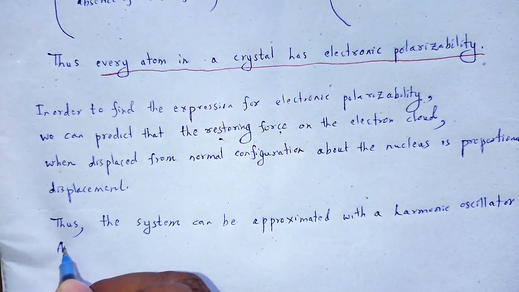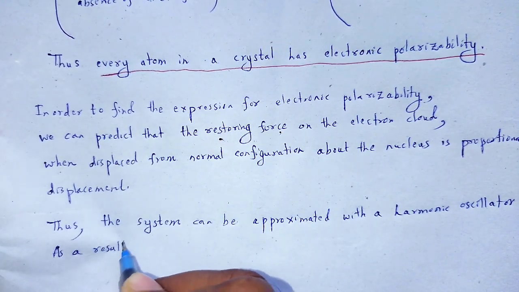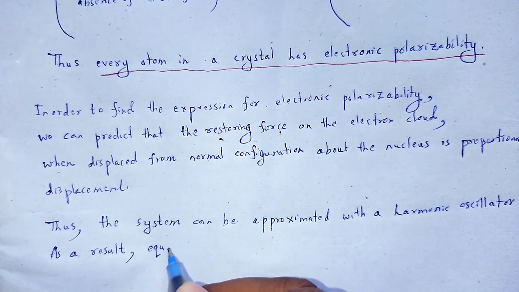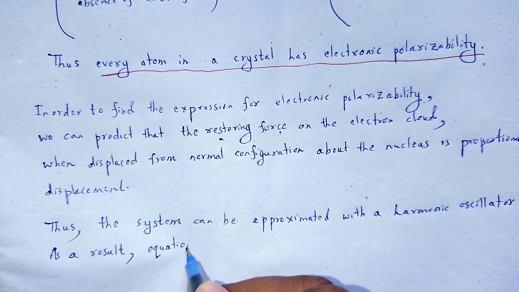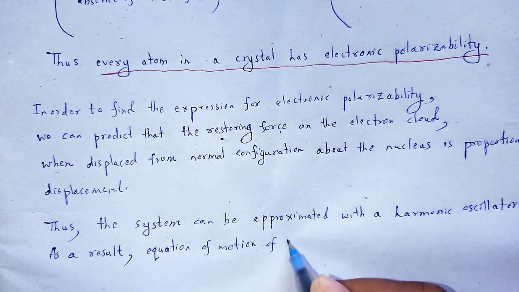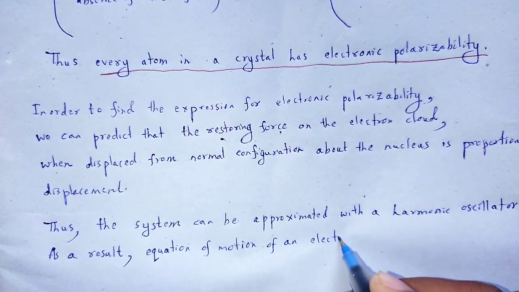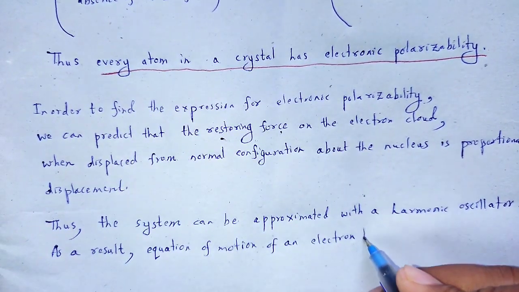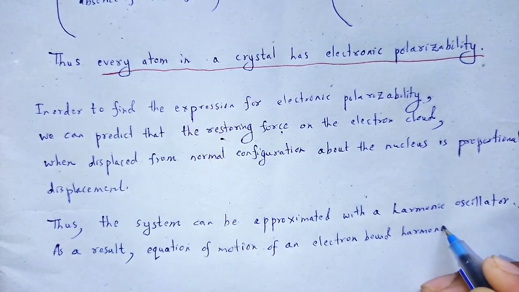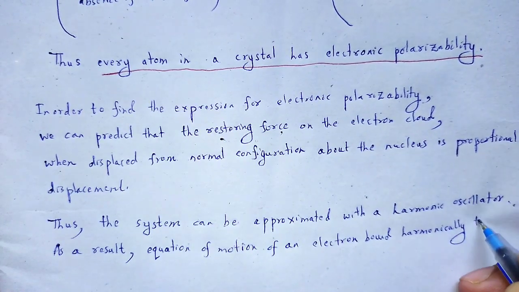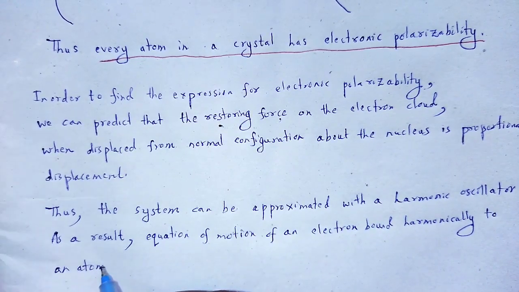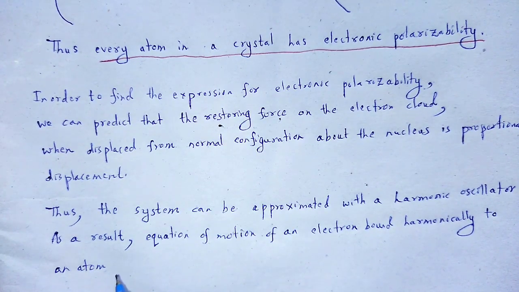As a result, the equation of motion of an electron that is bound harmonically to an atom in an oscillating field.